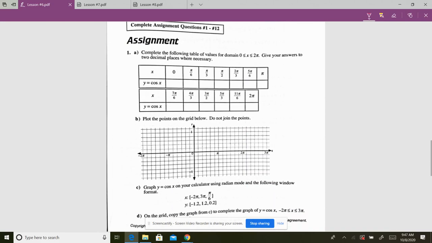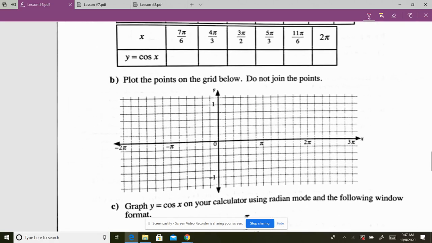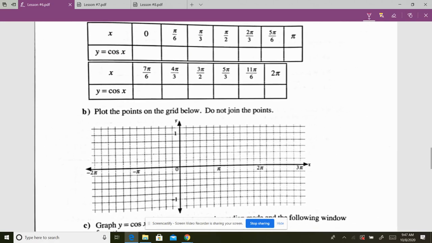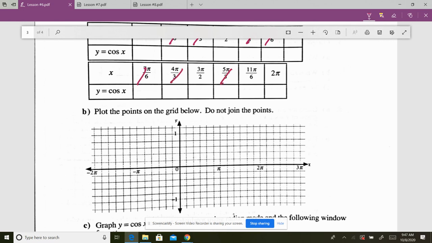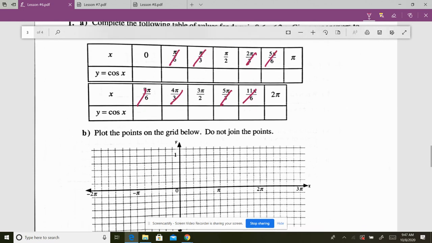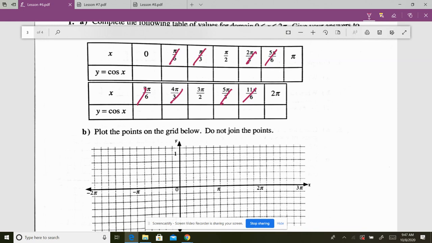Now we're going to do the cosine graph. So they've done it in radians for us. Thank you very much. All right, we're doing cos. So cos of 0, put that in your calculator and tell me what you get. 1.